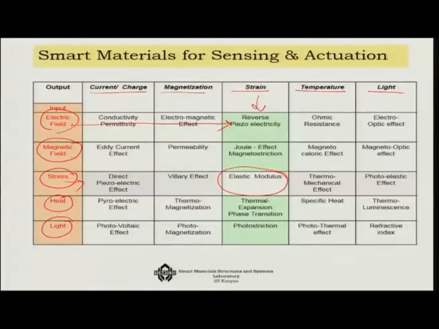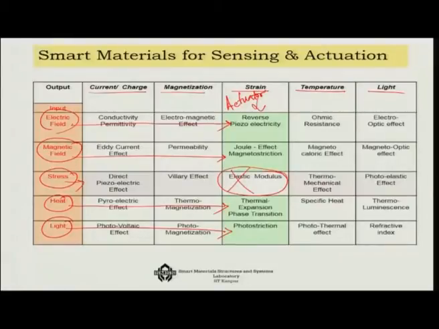Or with a magnetic field, this is the Joule effect, magnetostriction, that is smartness. With heat, shape memory applications, that is smartness. With light, photostriction, that is smartness. So essentially this whole column, except the diagonal term, consists of actuators, where these off diagonal properties of the material are used for building actuation.